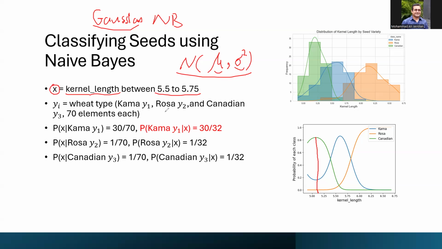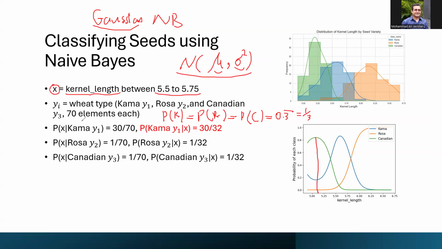So the probability of each class, of Kama, of Rosa, and of Canadian seeds, is 0.33, or 1 over 3.